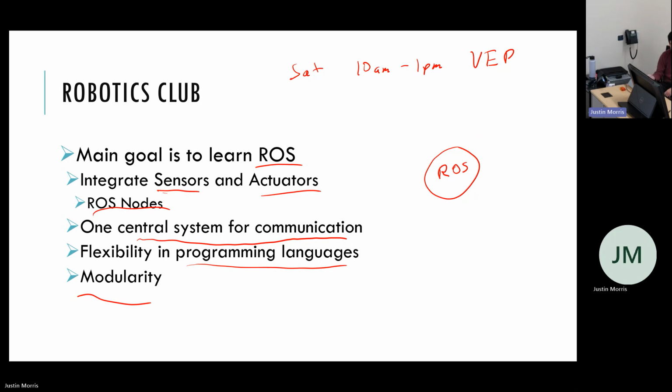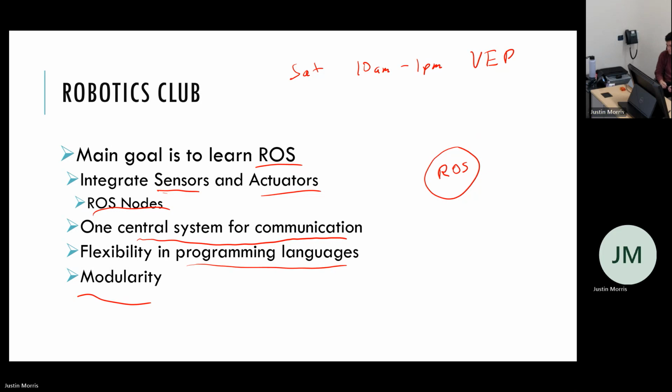And then actuators. Yeah, they would also be listeners because ROS is going to then publish, like, you need to turn your motor to 30 degrees, right?